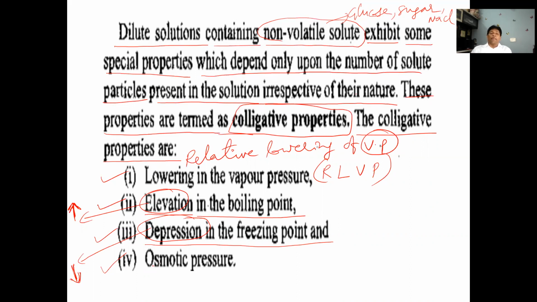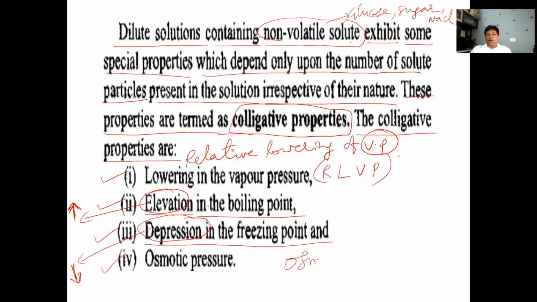Here, diffusion is the movement of solute particles from a higher concentration region to a lower concentration region. Next, if you take osmosis, what is the property here?